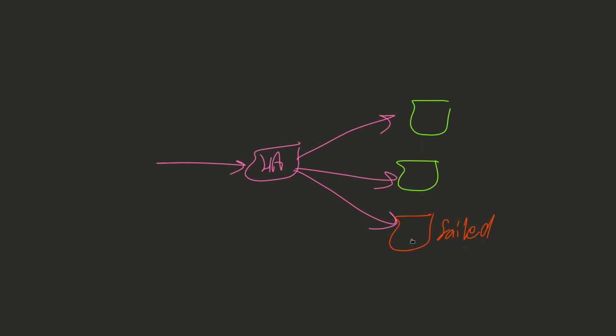After finding the problem and correcting it, we turn on this server. In this situation, HAProxy immediately redirects incoming traffic to this server because it's static, and immediately reintroduces the failed server to the active pool.